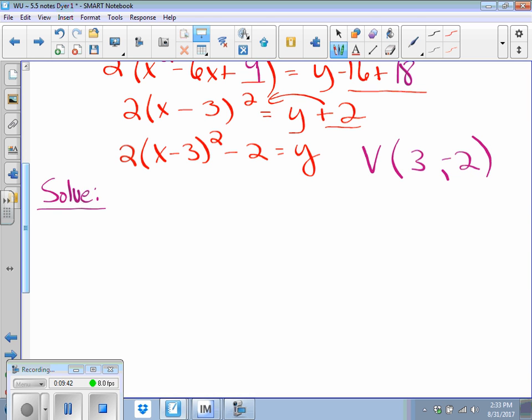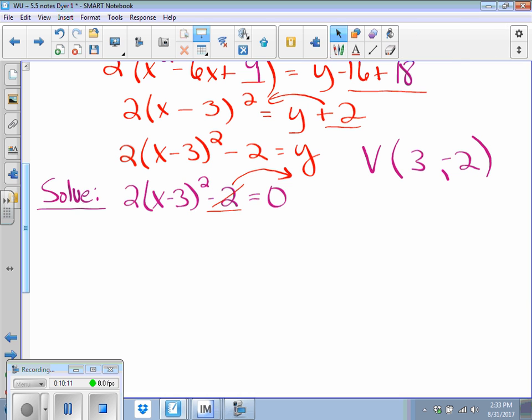So you take the same equation that we just found, make y equal to 0, and solve for x. This is what we did in section 5.3. If I'm trying to get x by itself, what's the first thing I do? Good. Add 2. Get rid of that 2.